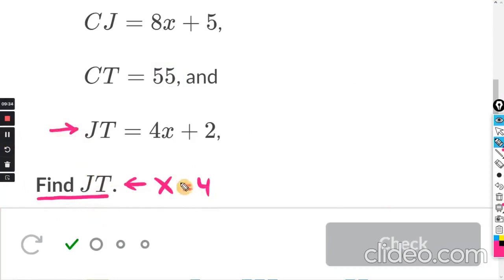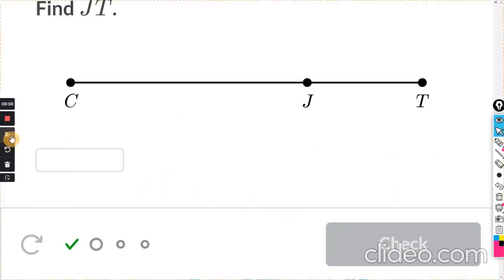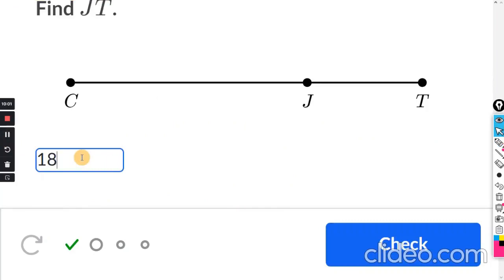JT is right here, so the x equals 4 goes right there. This is going to be 4 times 4 plus 2. 16 plus 2 is going to give us 18. And that is your final answer. So just click in the box and type 18.